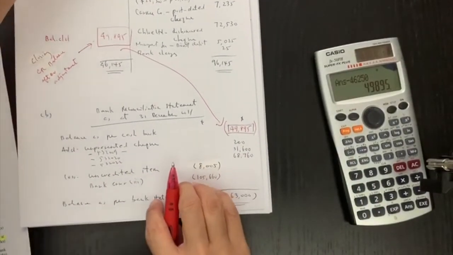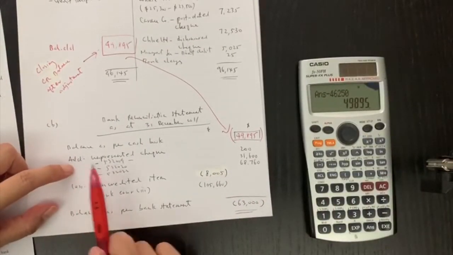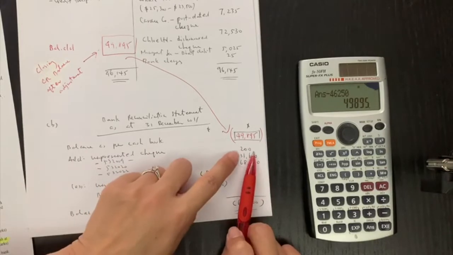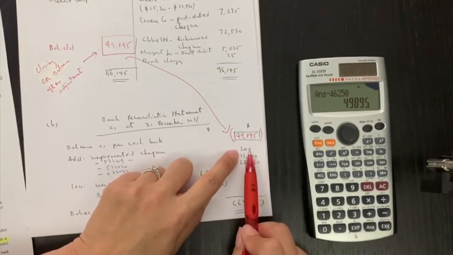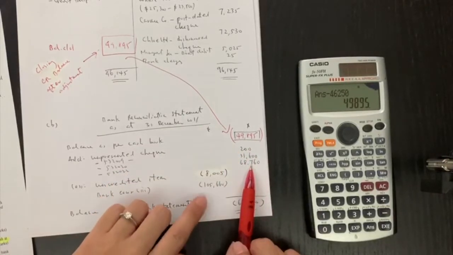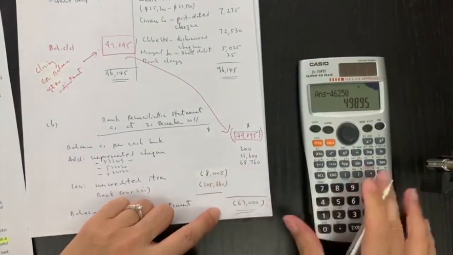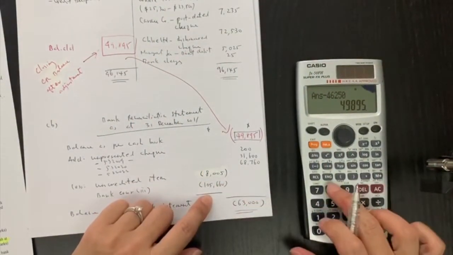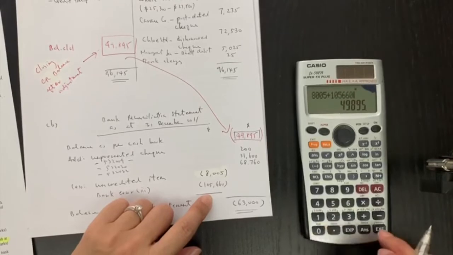Okay, and finally, now be very careful. Even though you have the word add here, this is negative, so when you use your calculator, be very careful. This is negative, and the positive things give you less negative. Okay, so be very careful to avoid careless mistakes. So let me put another minus here. So 8005 plus 105,660.